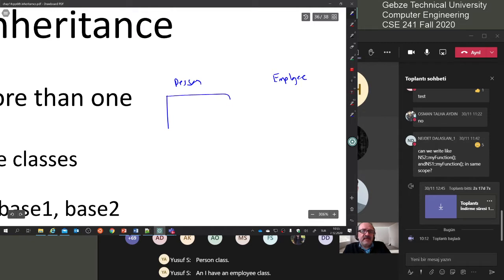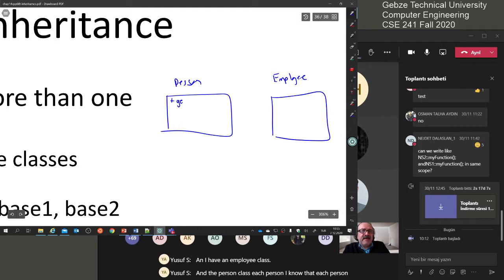In the person class, I know that each person has a name, each person has a social security number, and each person has an address.